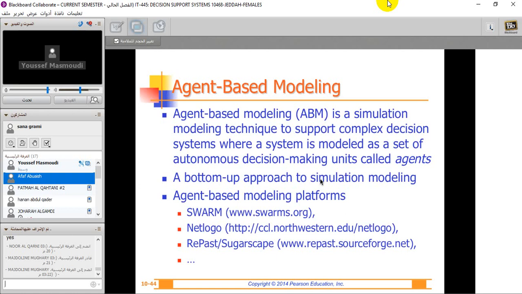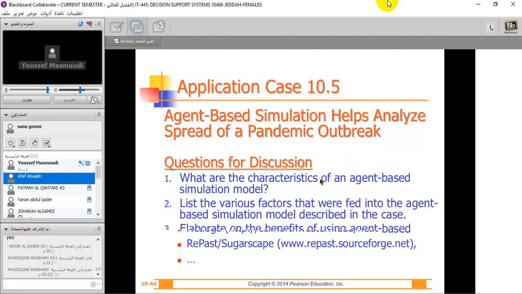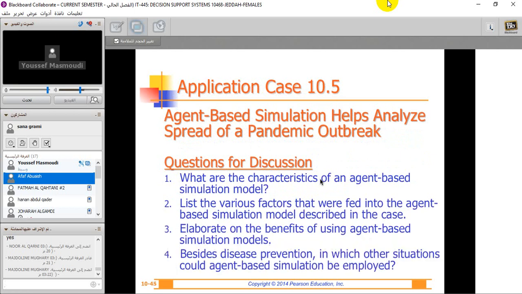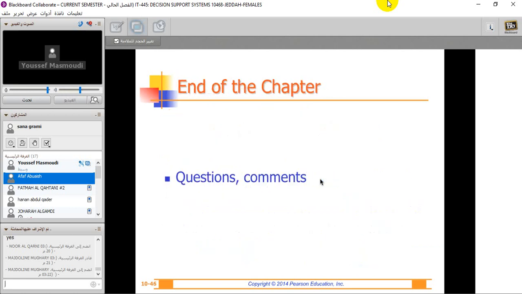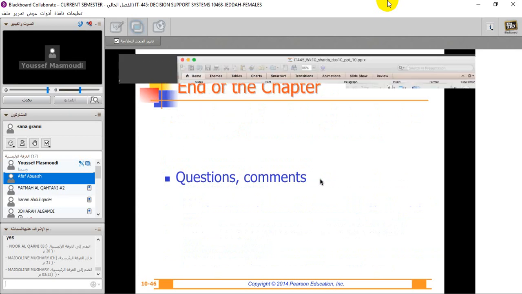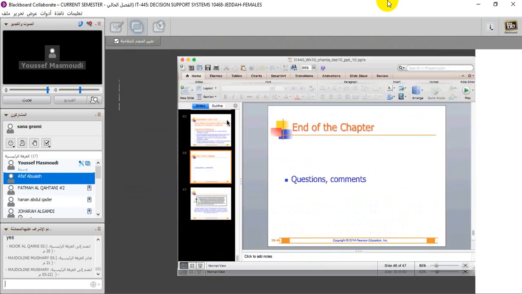Agent-based modeling platforms include Swarm, NetLogo, Repast, or Sugarscape. Application 5: agent-based simulation helps analyze the spread of a pandemic outbreak. And this is the end of the chapter.